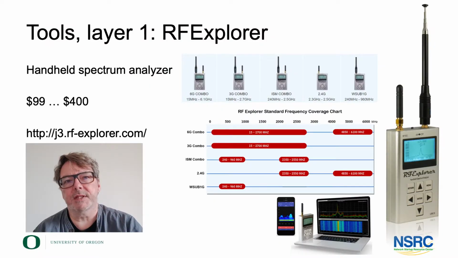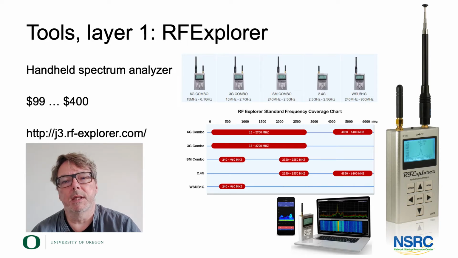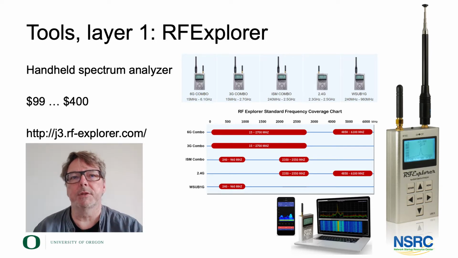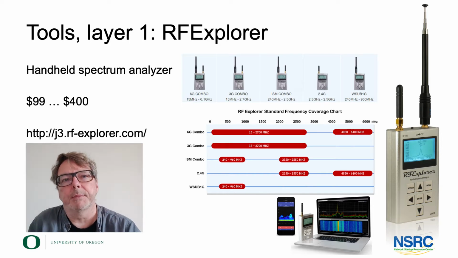Let's look at those in a little bit more detail. So for the physical layer, the raw signal, one recommended hardware tool to have is an RF Explorer. These are relatively inexpensive spectrum analyzers. They start at around $100, going higher depending on what frequencies you like.